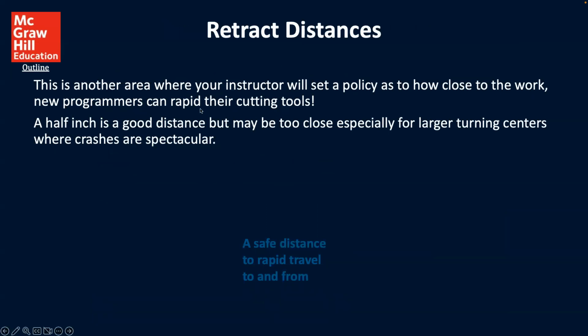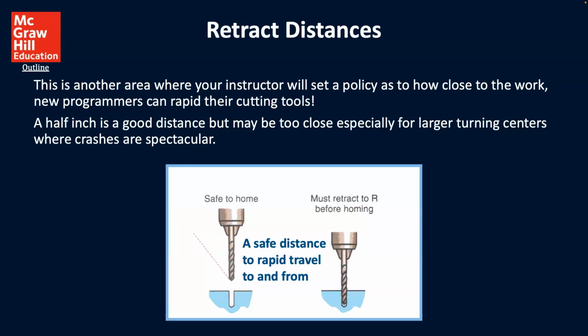New programmers can rapid their cutting tools a half inch, which is a good distance but may be too close, especially for larger turning centers where crashes are spectacular. So use a safe distance to rapid travel to and from. Here we see a little graphic. You can see an illustration of what that could look like.